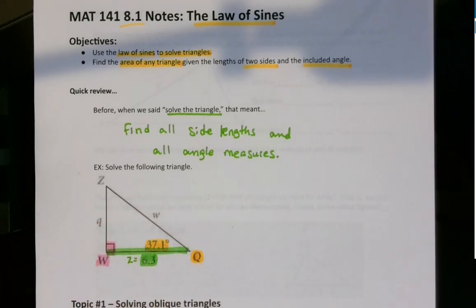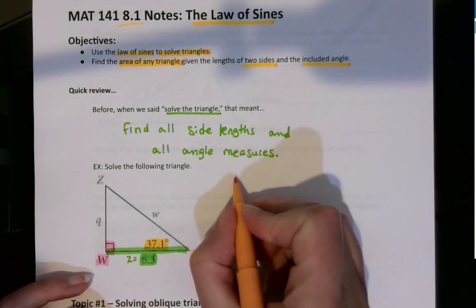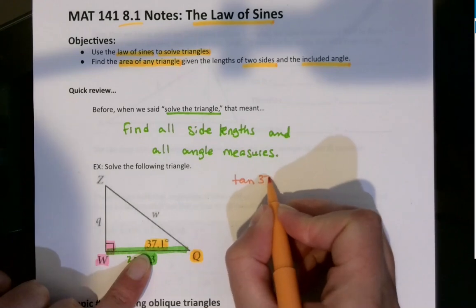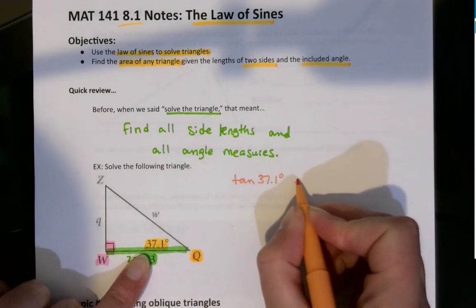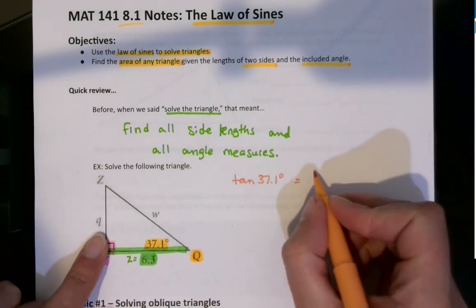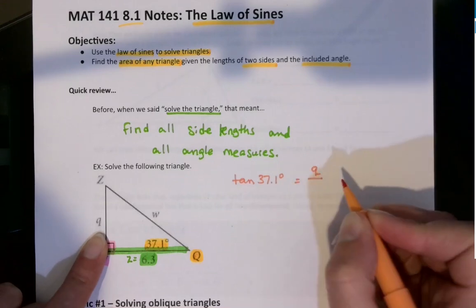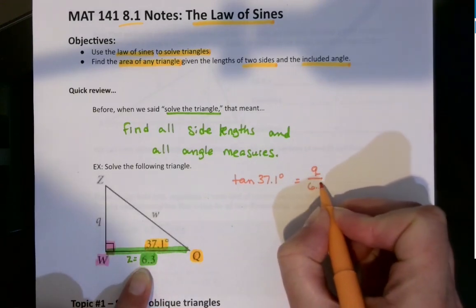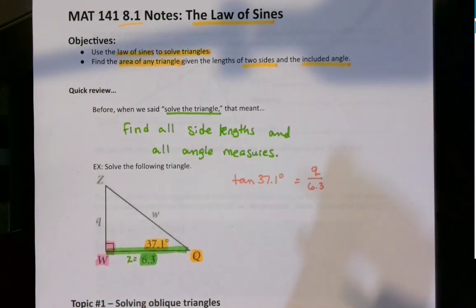So we will start there. We're going to say that the tangent of the angle 37.1 degrees is equal to the ratio of its side opposite, which is little q, over its side adjacent, which is 6.3. And then we would multiply both sides by 6.3.